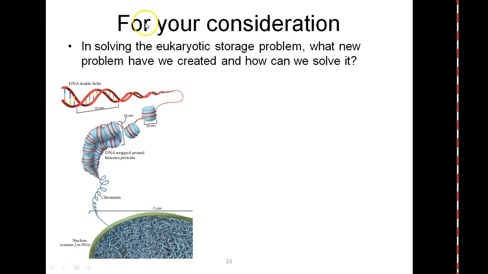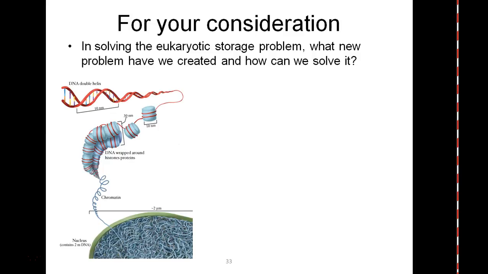So if we talk about this, we solved one problem, where a long stretch of DNA has to be tightly packaged, compacted into the cell. But right now, we've solved this problem. We organize the DNA into a highly compacted, packaged chromatin. But at the same time, we create another problem. So what is this other problem?